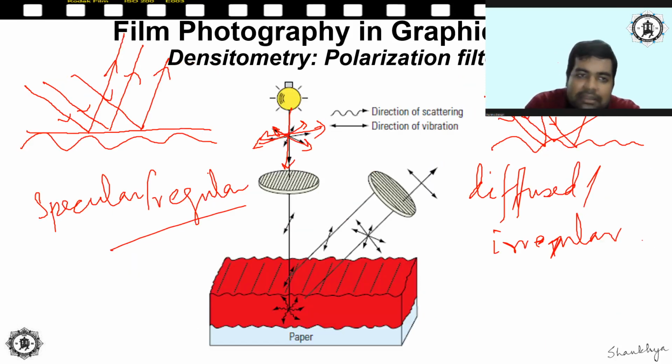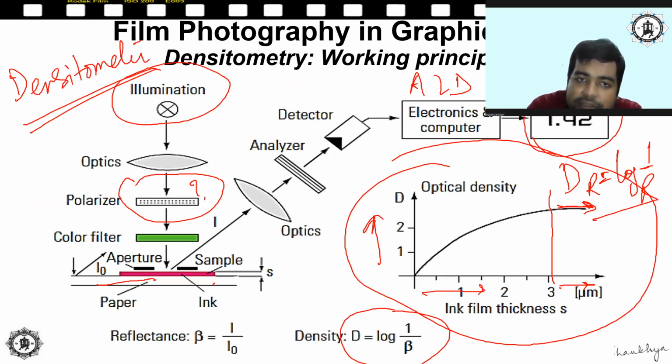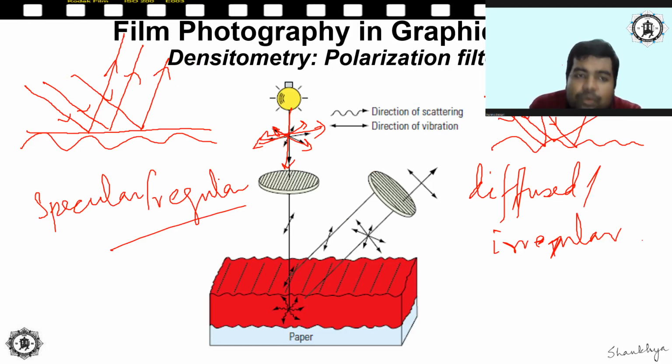So in case of a wet ink film, when there is specular or regular reflection, less light will reach the analyzer and detector in the densitometer, because of the way the densitometer and detector are arranged, in that direction the light may not get reflected. When specular reflection is happening, it is because of the smooth, glossy surface.